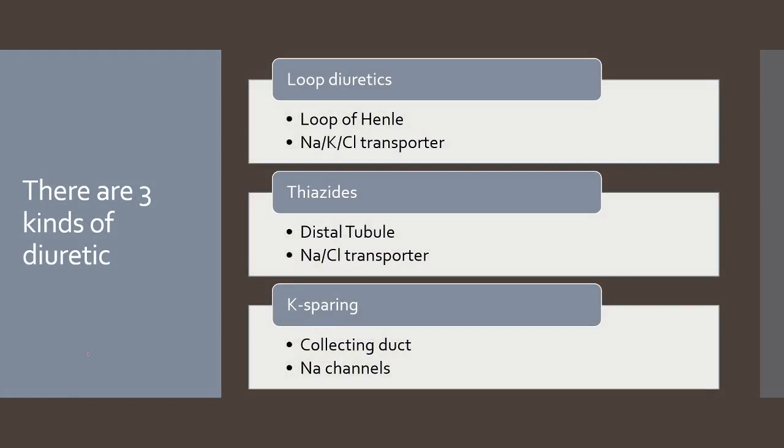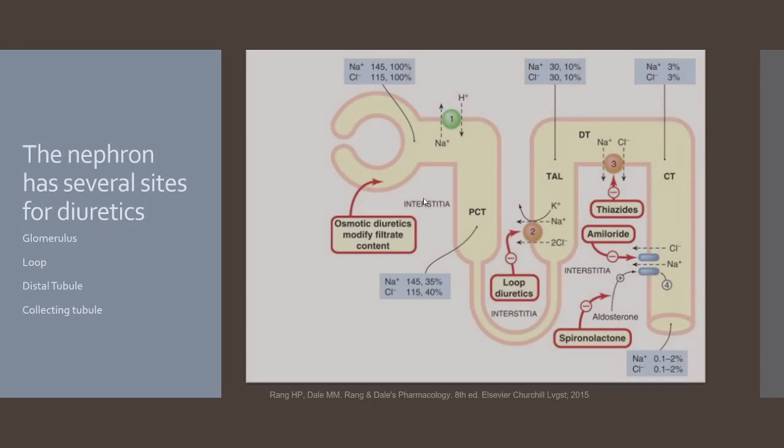The three main kinds of diuretic are the loop diuretics, which work on the loop of Henle where there is a sodium-potassium-chloride transporter. And that's found here.